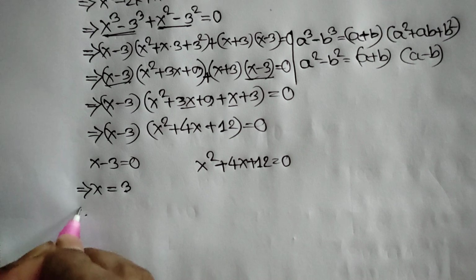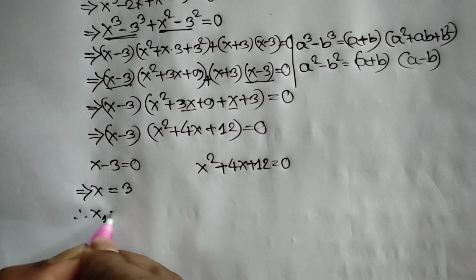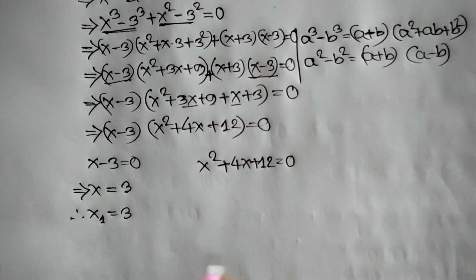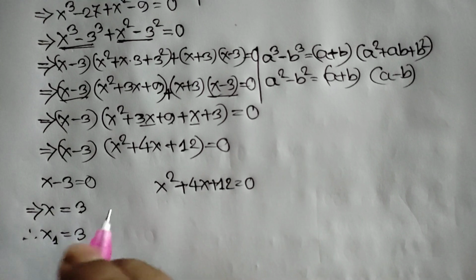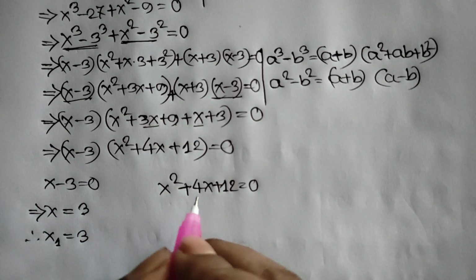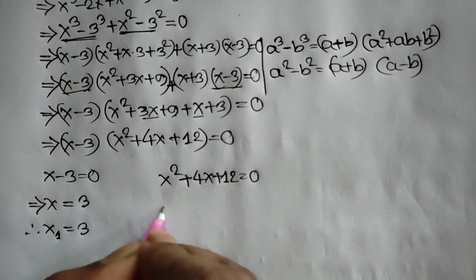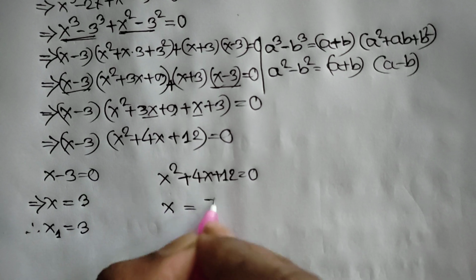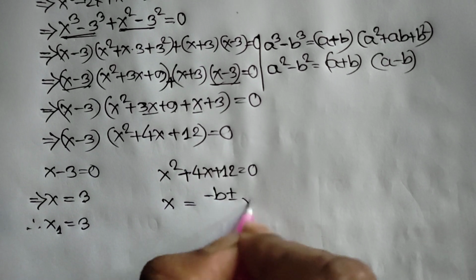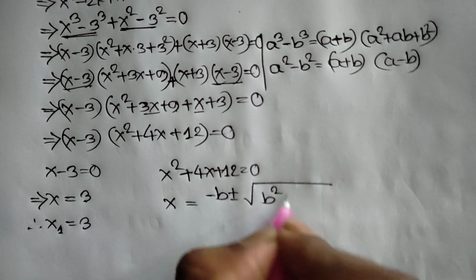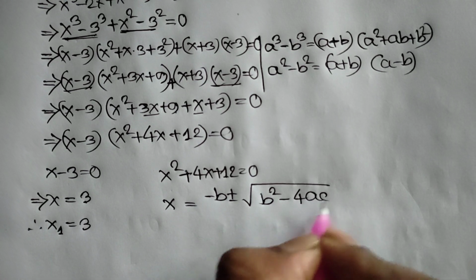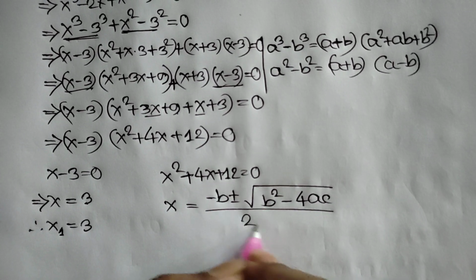So finally the value of x1 is equal to 3, and here we can apply the quadratic formula. x is equal to minus b plus or minus square root of b square minus 4ac over 2a.